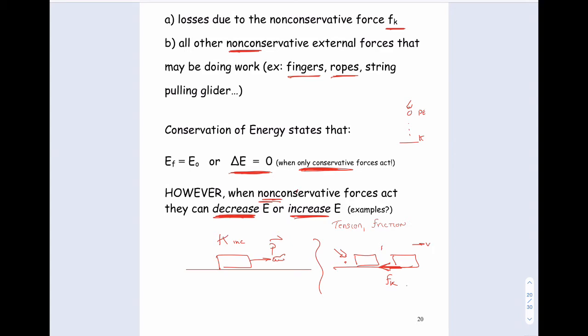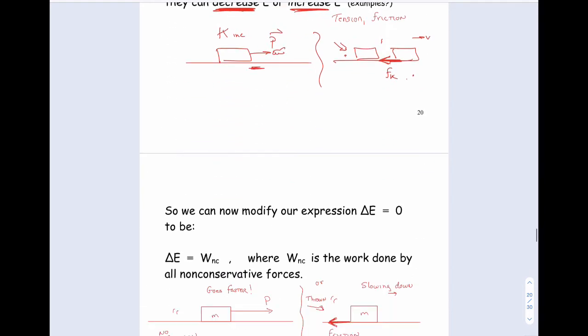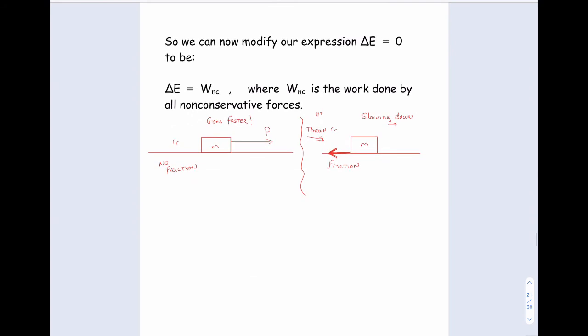So a non-conservative force can speed it up, like a string pulling something, or it can slow it down, like a friction force. Now we can modify our energy expression to include work done by non-conservative forces. So to modify it, we put in that term.